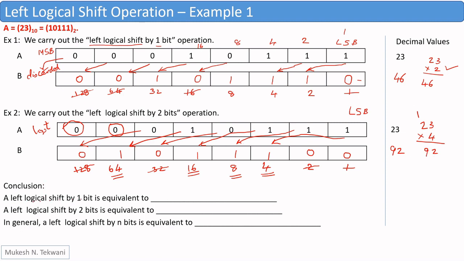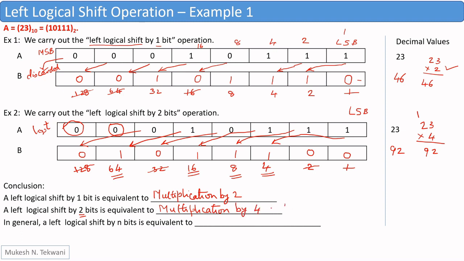A left logical shift by 1 bit, this is what we did in our example 1, is equivalent to a multiplication by 2. A left logical shift by 2 bits, we saw, is equivalent to a multiplication by 4.